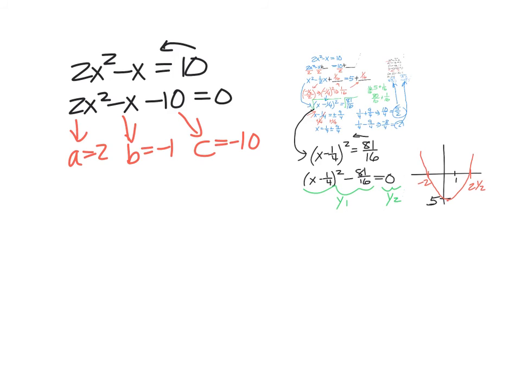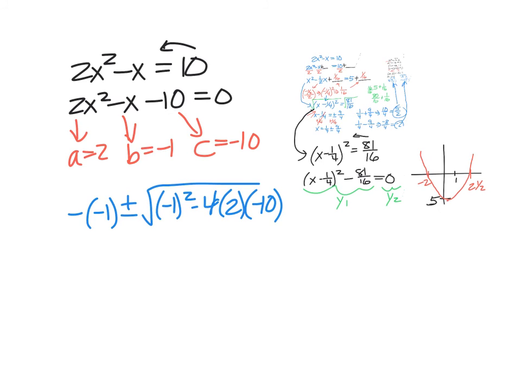So x equals negative b plus or minus the square root of b squared minus 4ac all over 2a. And again, anytime you're substituting into the formula, use parentheses for your values. So we simplify.